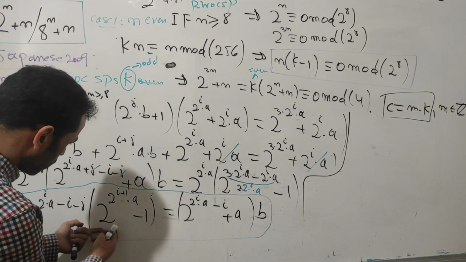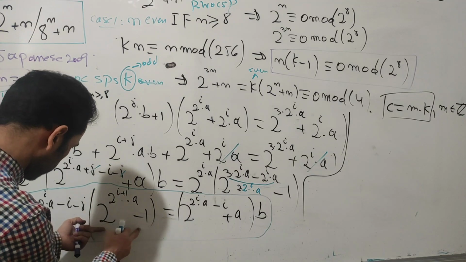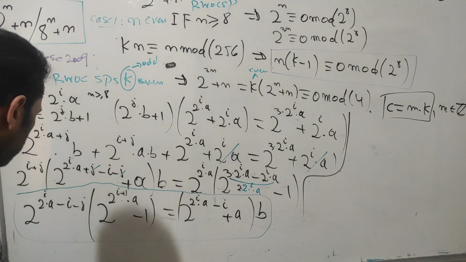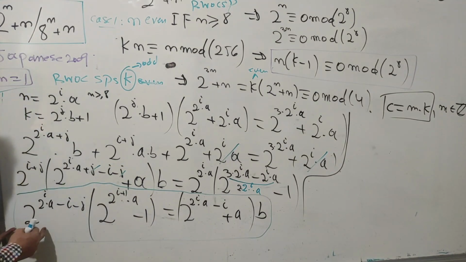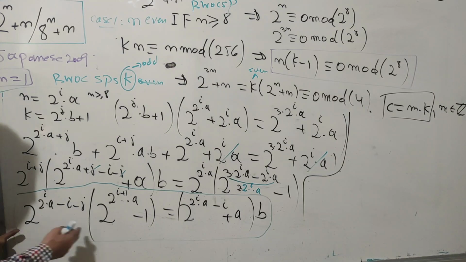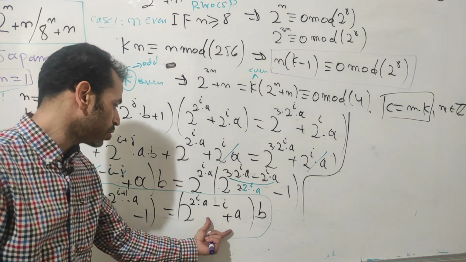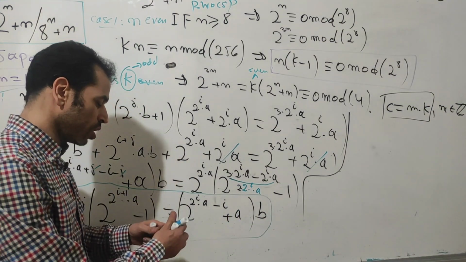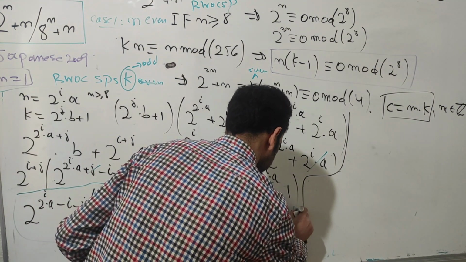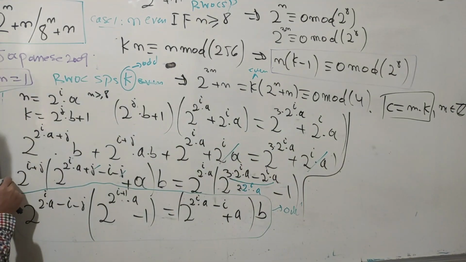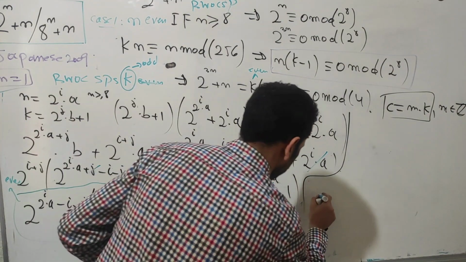This one is definitely an integer, exponent is positive, minus number 1. But the problem: the left hand side is even because I have a power of 2. But the right hand side is odd, because this one is odd plus even, which is odd. Odd multiplied by odd is odd. This is odd. This is even. Clearly, it's impossible.